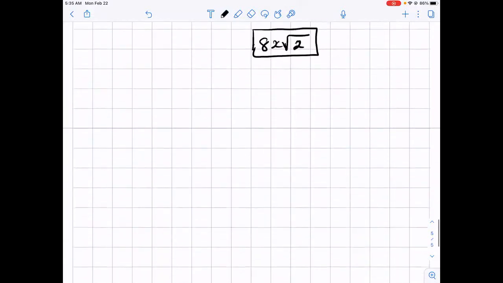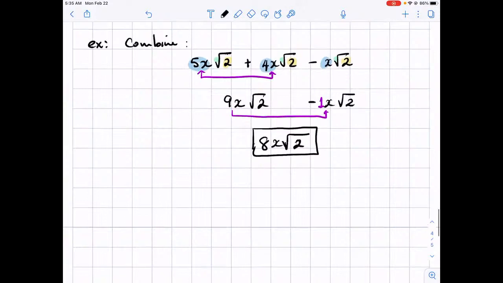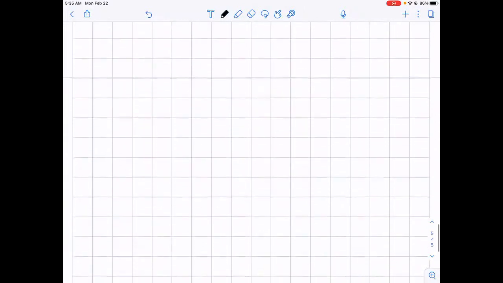Now, what happens if we have the variables as part of the radicand?